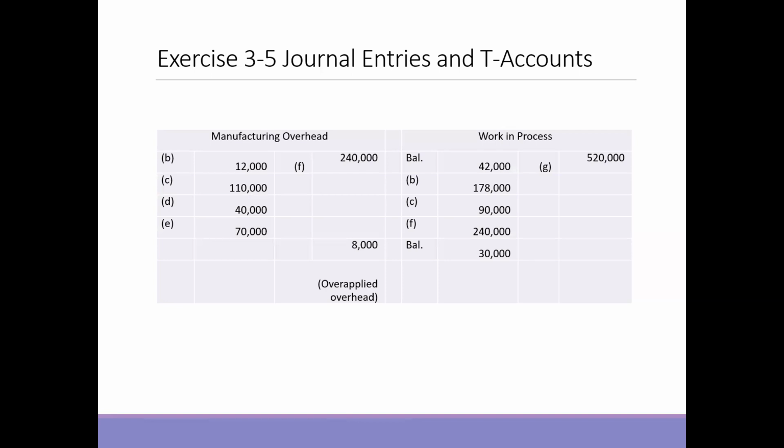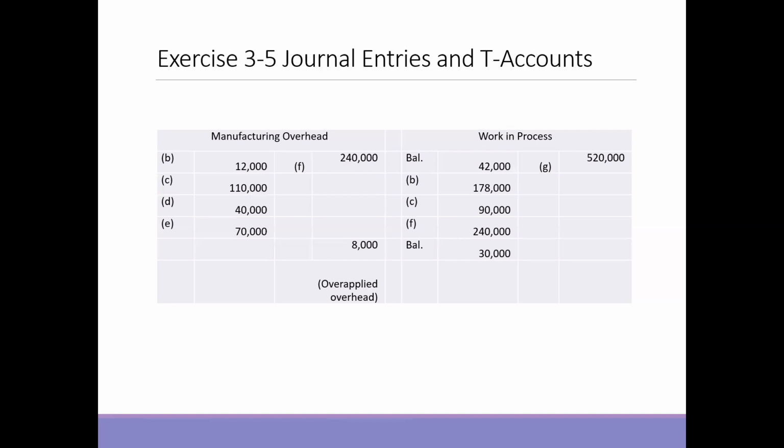The work in process is going to, in this case, the jobs we had were all completed. So the work in process, there's nothing left in the, no, excuse me. We started with 42,000. We have not completed them all. There's 30,000 still sitting that haven't been completed, that are still in process at the end of the period.